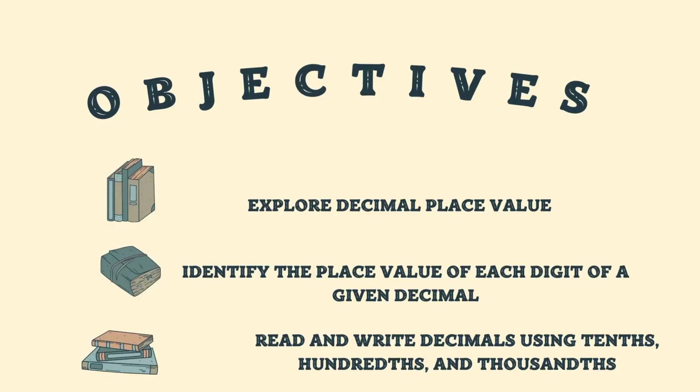Now, let us embrace and be ready, so I'm going to present the new topic. The objective for today's discussion is, first, to explore decimal place value. Second, to identify the place value of each digit of a given decimal. Third, to read and write decimals using tenths, hundredths, and thousandths.